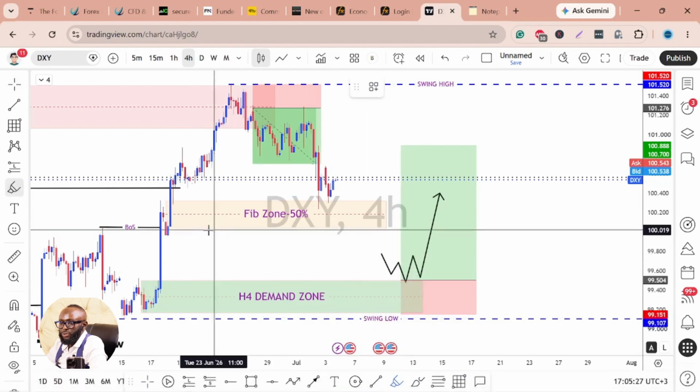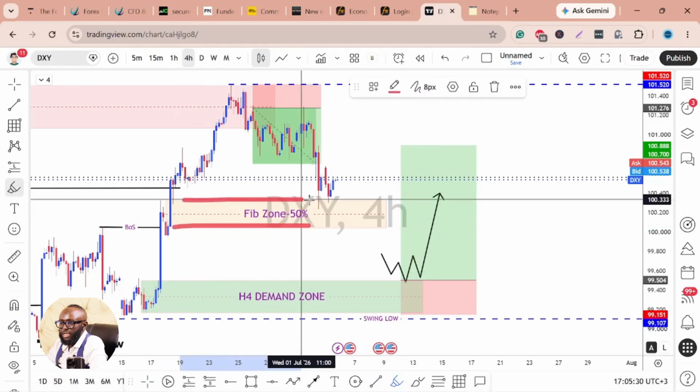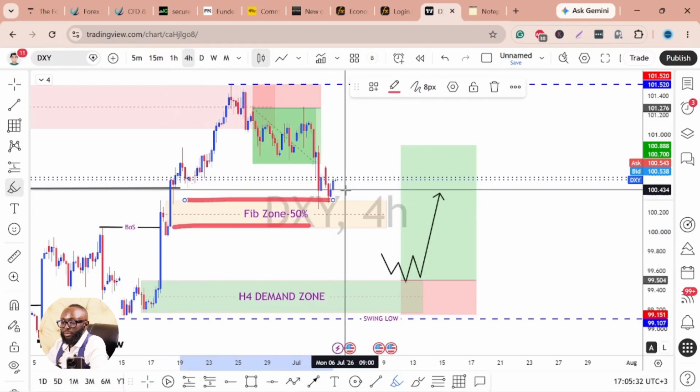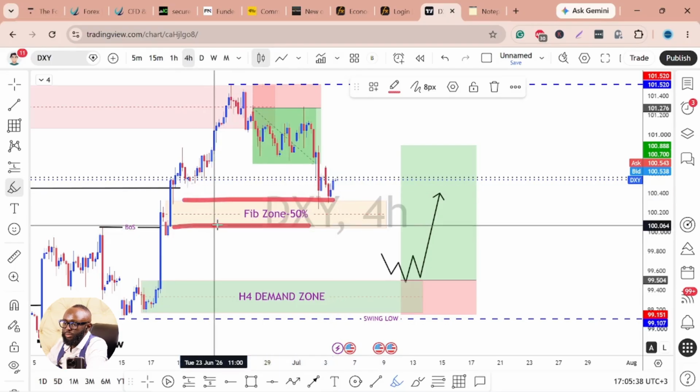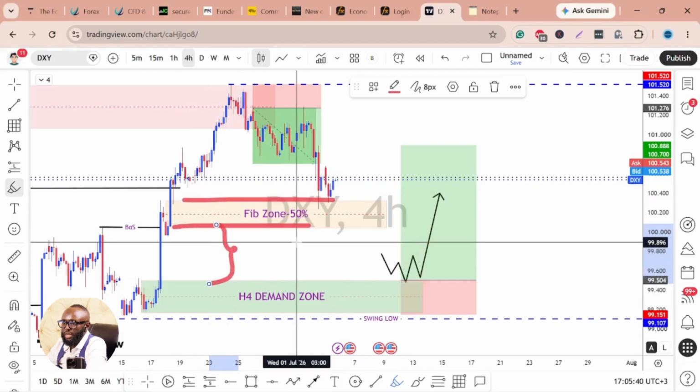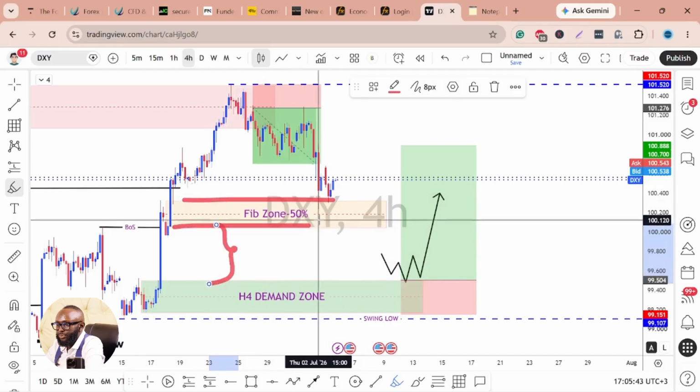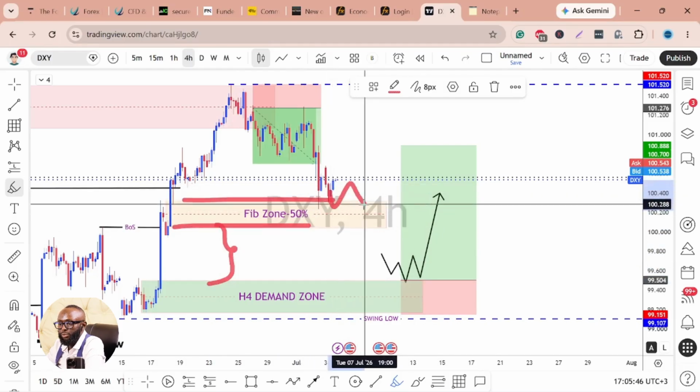This might be a very key decision area in terms of how we expect the market to react in the coming week. Due to this imbalance that we have below this 50% Fibonacci zone, I don't expect the market to push away from here.